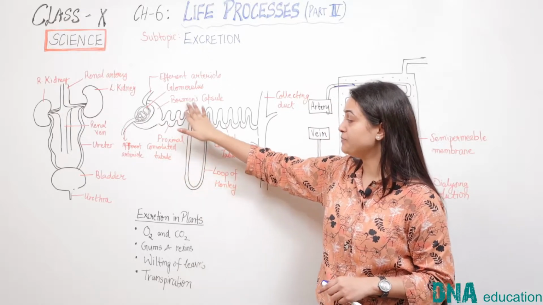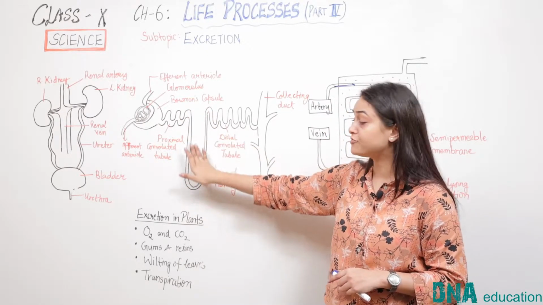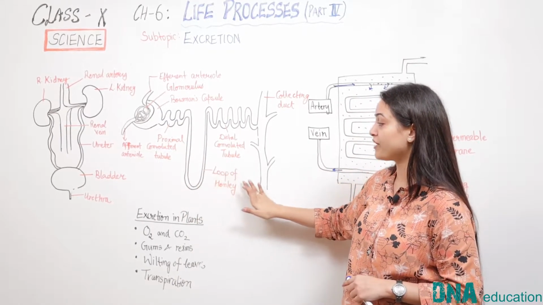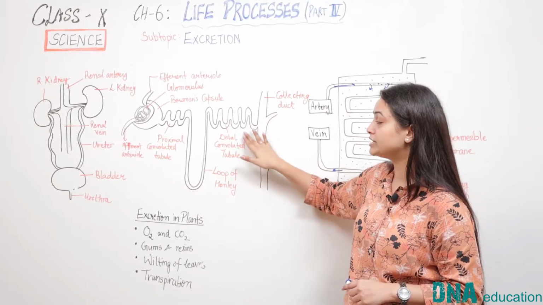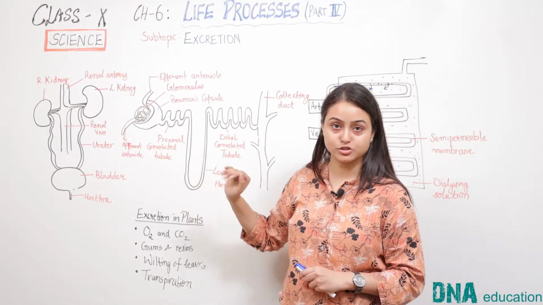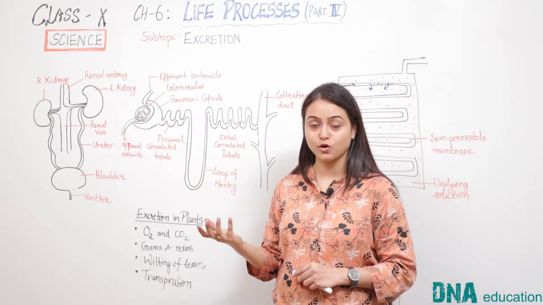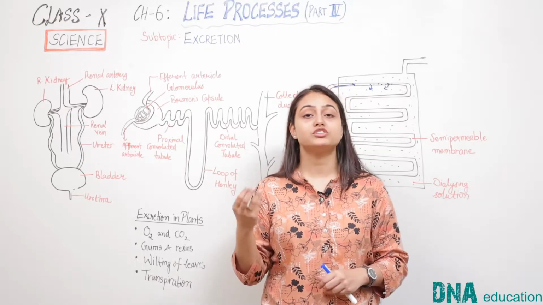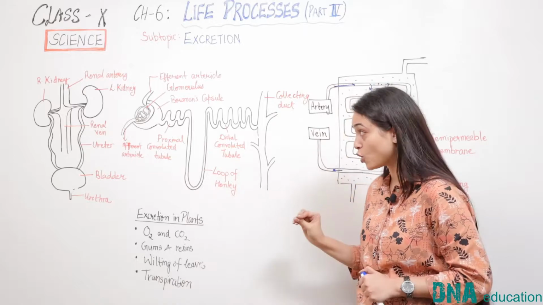After the PCT, the filtrate passes through a vertical loop called the loop of Henle, and afterward through the tubular part called the distal convoluted tubule. In all these tubular parts of the nephron, the reabsorption of useful substances from the filtrate takes place, which includes excess water, glucose, amino acids and important salts.